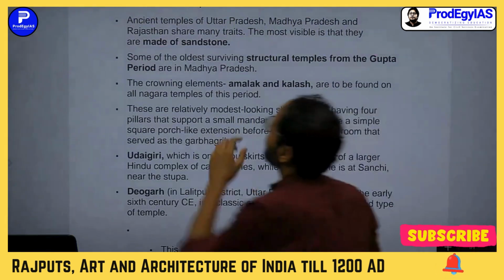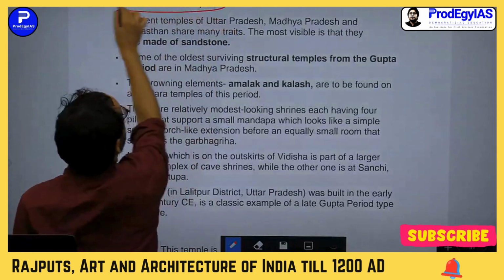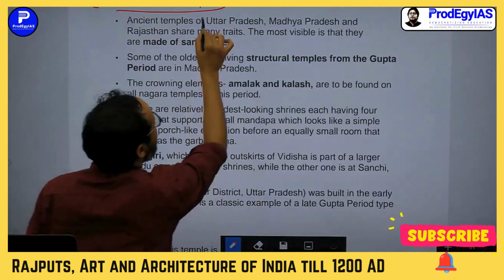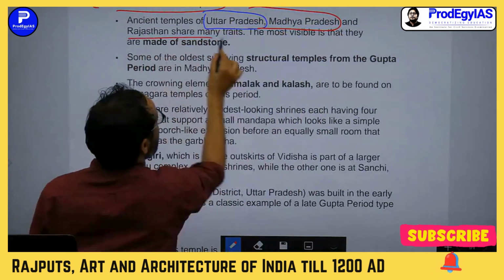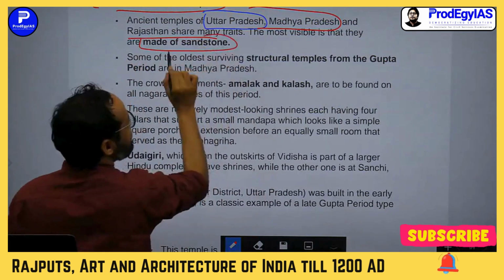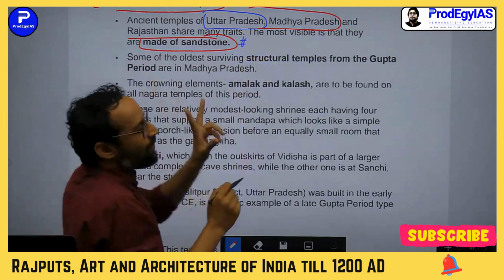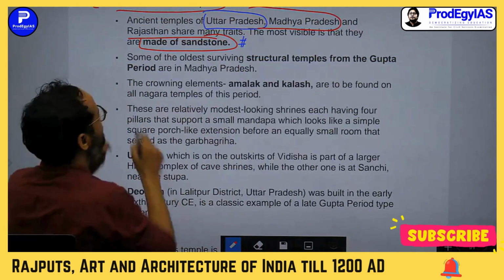This is central India, and as far as central India is concerned, I am taking into consideration Uttar Pradesh, Madhya Pradesh, as well as Rajasthan. Guys, this is very important: which stone are they using? Put this at 1.